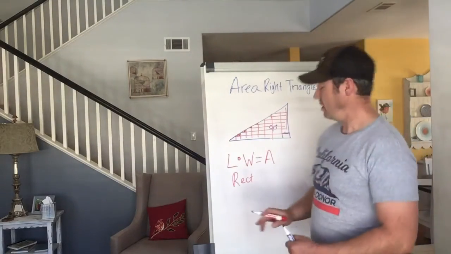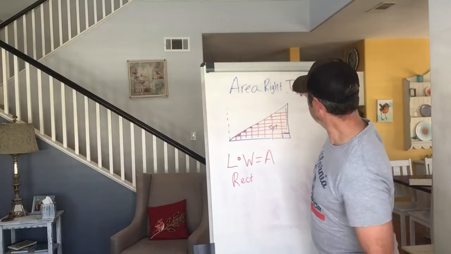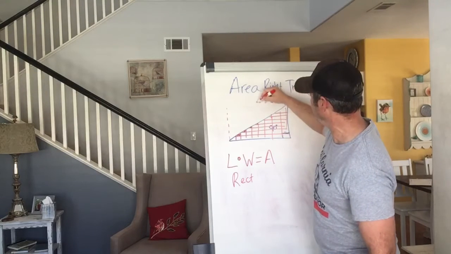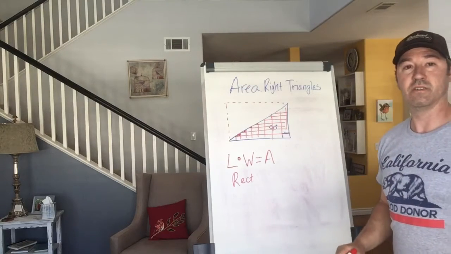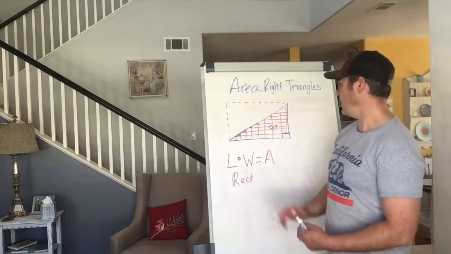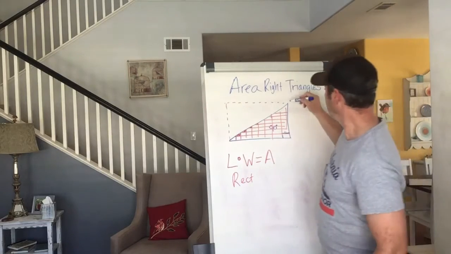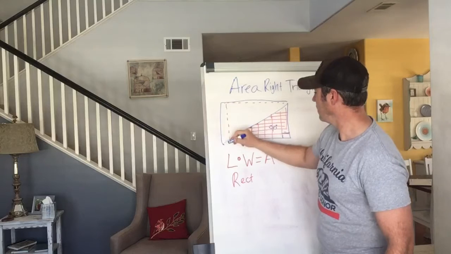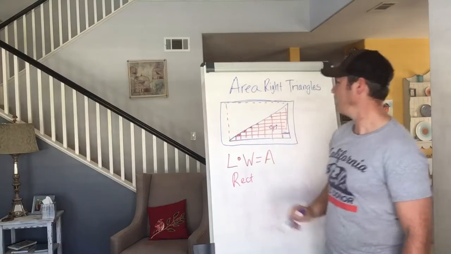What would happen if we extended and made a pretend extra edge onto our triangle? If you see that, we have now turned our triangle into a rectangle.